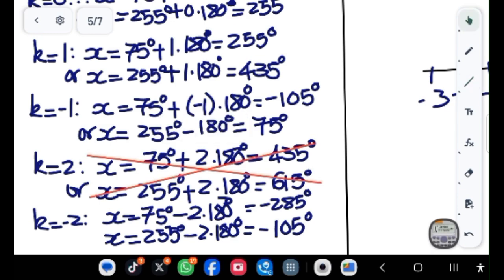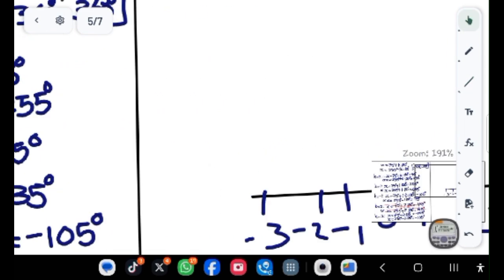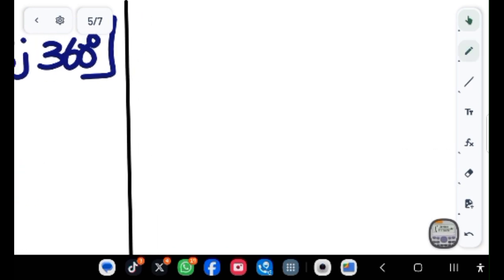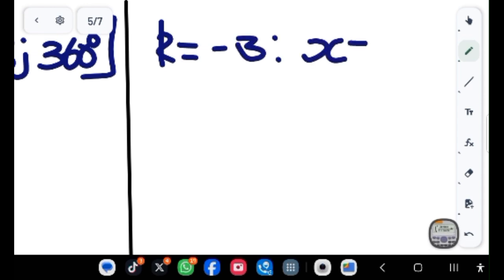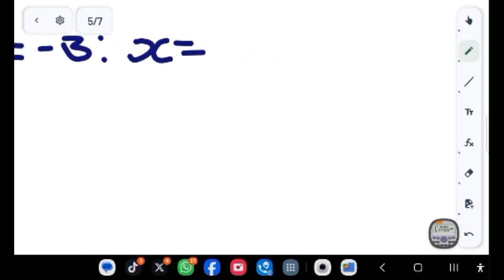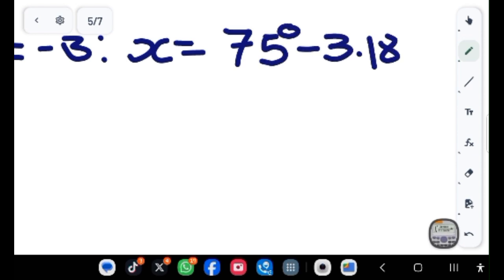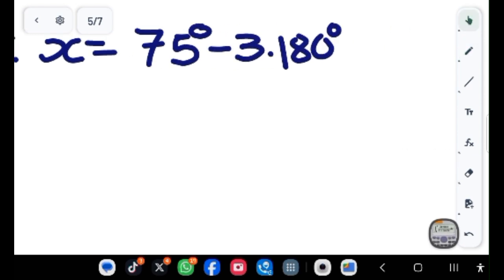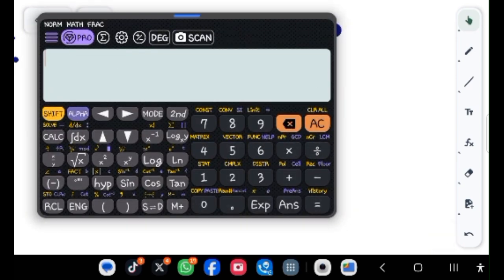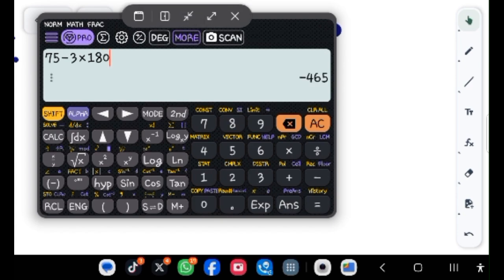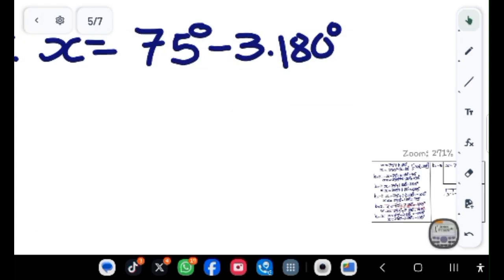So let's try k equals -3 and see if for k equals -3 we've got x equals 75 minus 3 times 180, and that gives us -465.